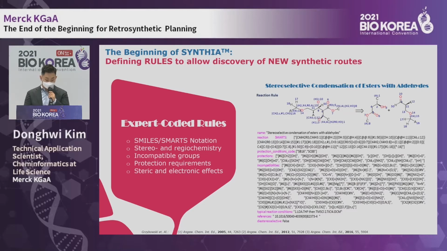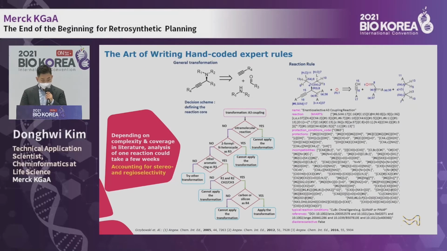All rules also include additional information, such as functional groups that need to be protected or which groups could be incompatible with the reaction condition. So during the coding of each rule, the chemists have to consider the reaction mechanism as well as the reaction condition when identifying any possible incompatible functional group that could prohibit the reaction from proceeding.